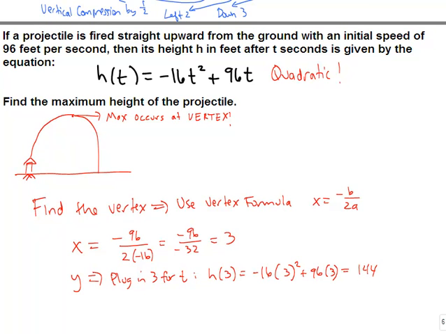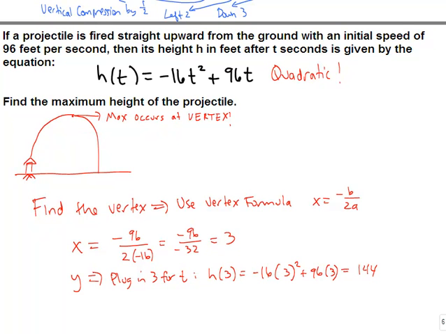So the key to this problem is finding the vertex. If you're going to have a maximum, it has to occur at the vertex because this is a quadratic that's pointing down. And if you have a quadratic that's pointing down, you always have a maximum at the vertex.